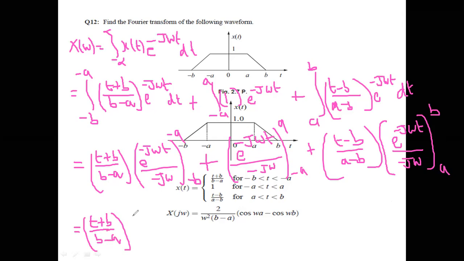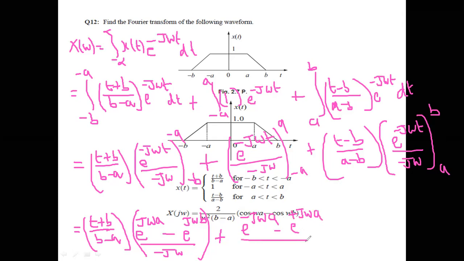T plus b by b minus a, and upper limit e power minus j omega a, by substituting t as a, okay my dear students, minus e power, already here also the minus is there, now we'll get minus into minus is plus, j omega b, divided by minus j omega, plus, and here also, e power minus j omega a minus e power plus j omega a by j omega.